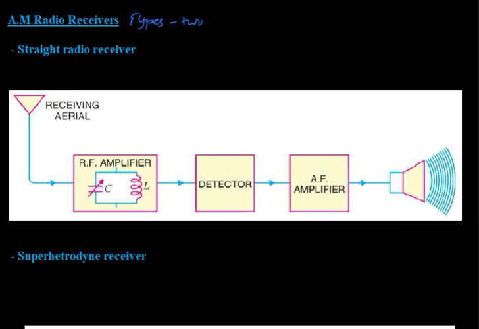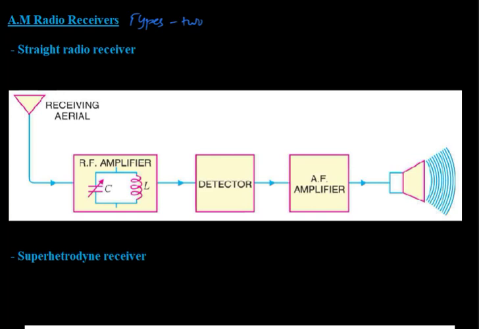The straight radio receivers are the receivers used in the early days. Nowadays, these straight radio receivers are not used in radio communication systems.